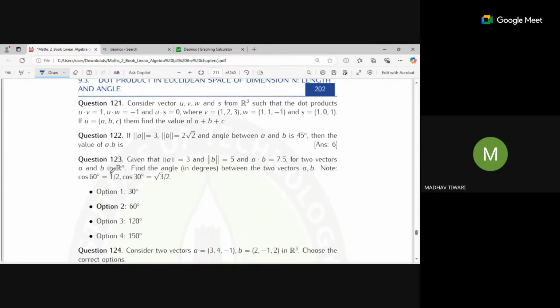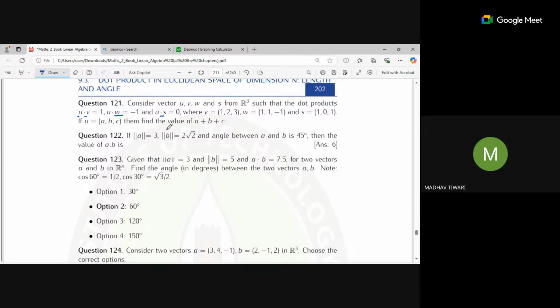Next, some questions like this are given here. I am going to solve this one and the rest you can solve by yourself. If you have any problem, then you can tell me. So here you are given four vectors: u, v, w, and s.